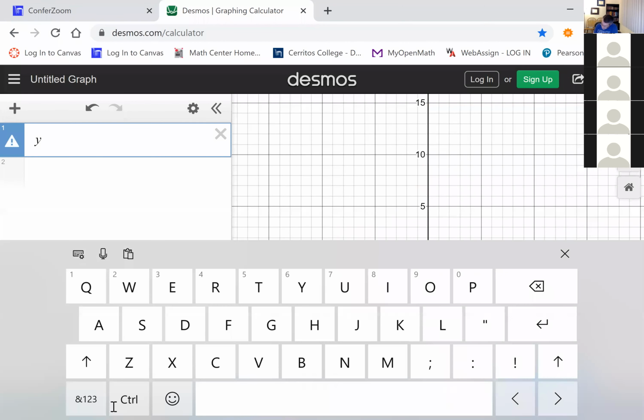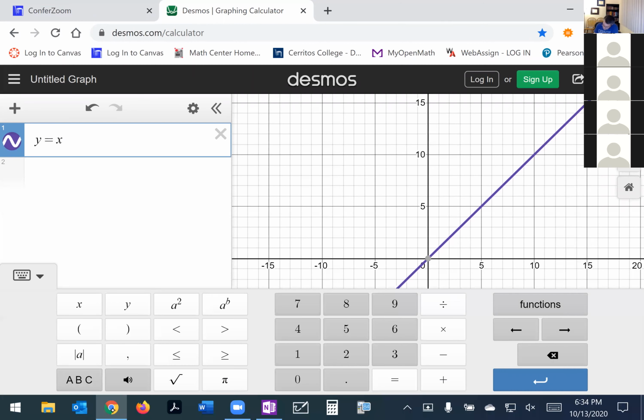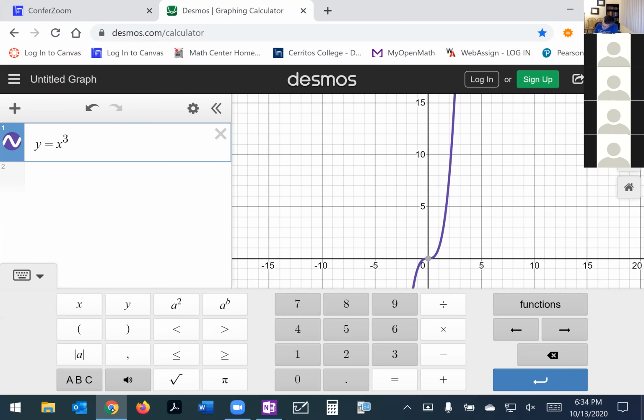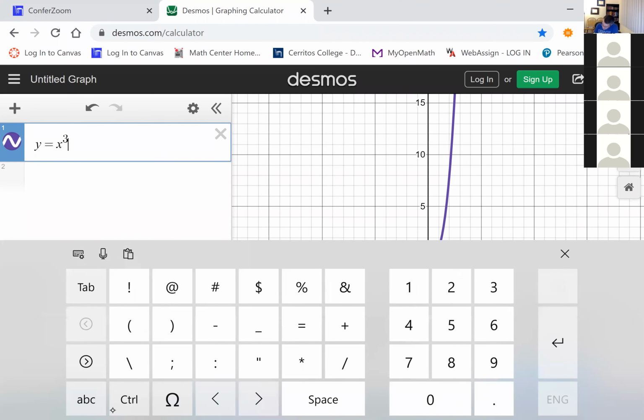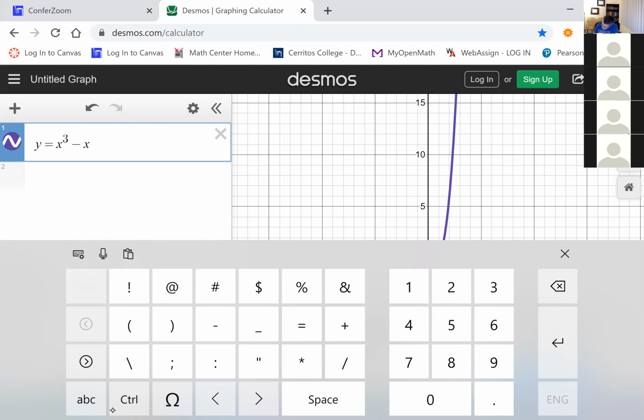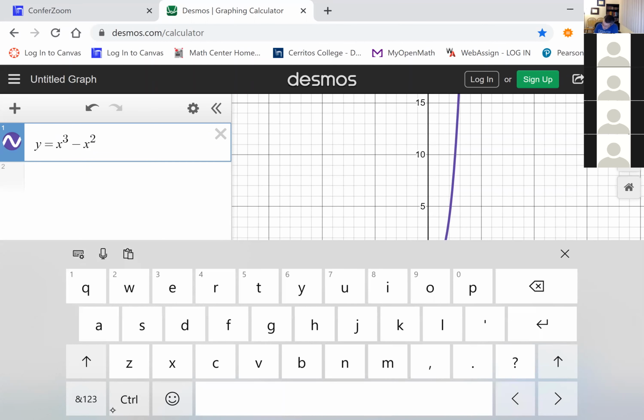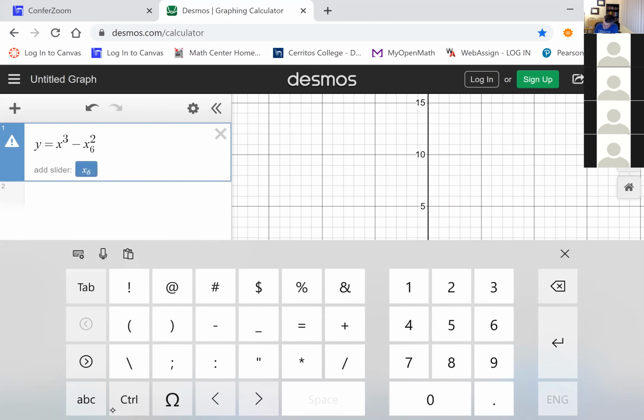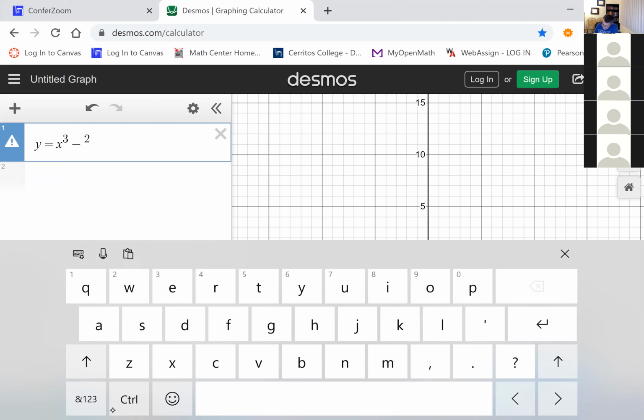So y equals, on the top, we've got x cubed minus x squared minus 6x. How do I arrow over? There we go.